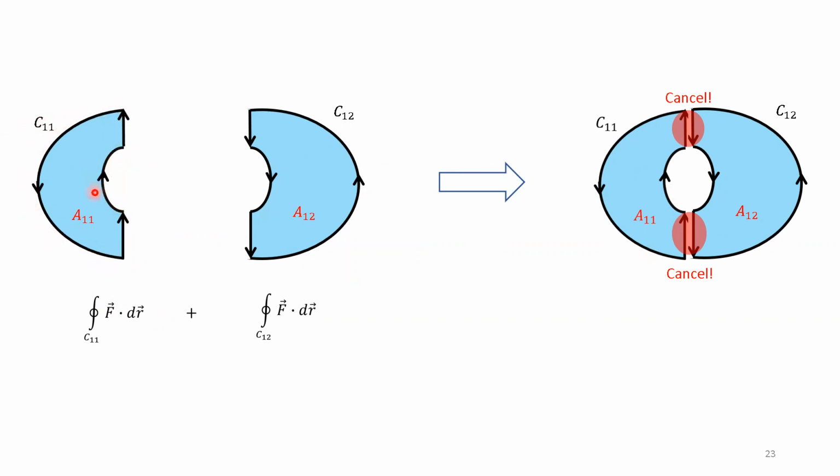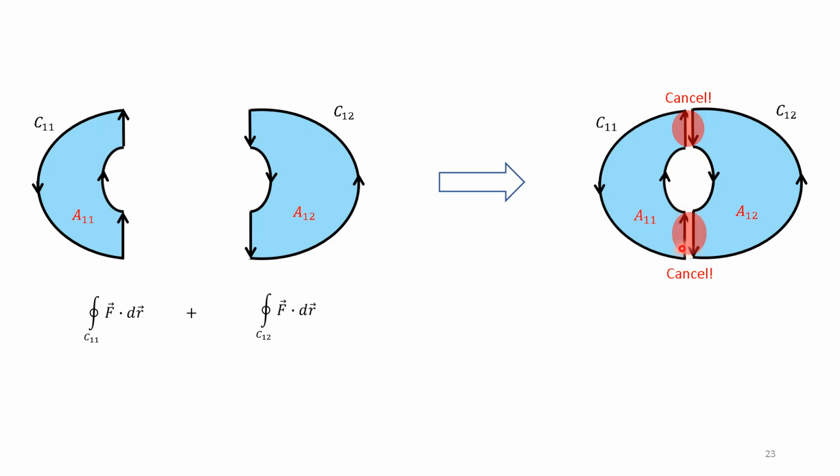I call this C11, and the line integral that encloses A12 is this curve, C12. Now, if you bring these two regions back together, again considering the line integrals and seeing which parts cancel, you can see that this line integral here cancels this part, and this line integral here cancels this part.